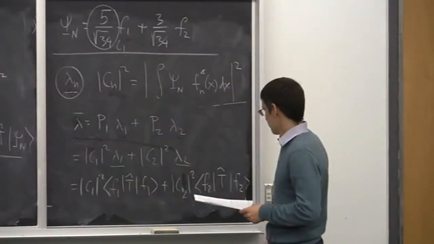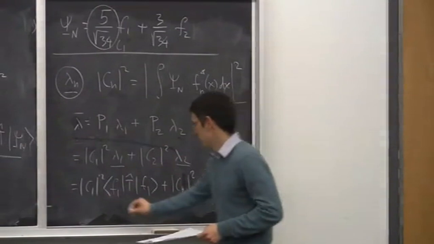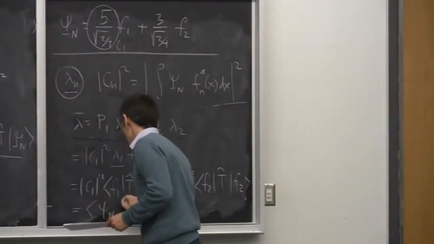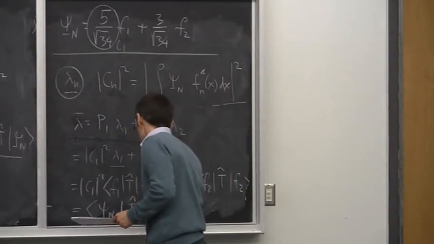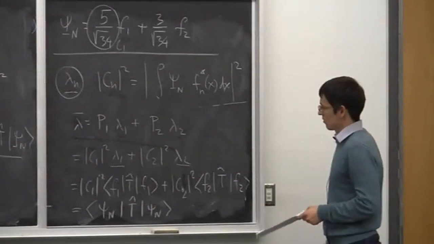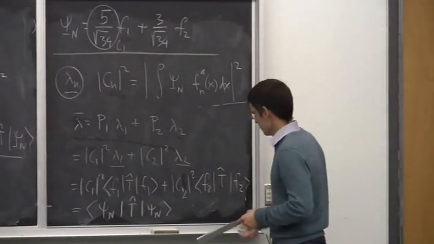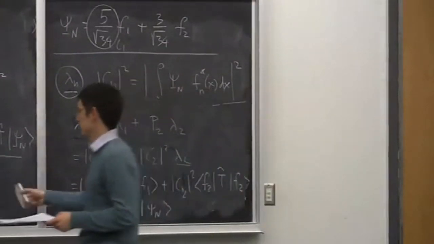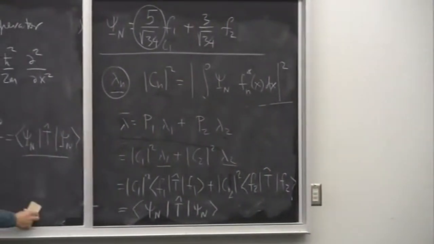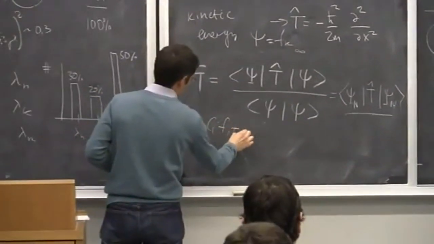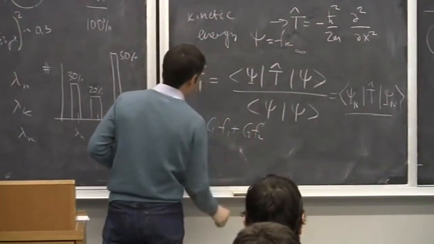Okay, and then if that's the case, then this can be substituted by psi n T psi n. Why? Because simply psi n is c1 f1 plus c2 f2, right?